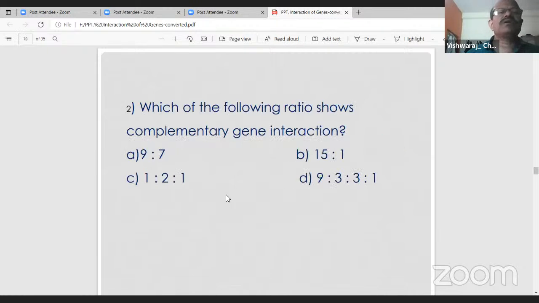And second question: which of the following ratios shows complementary gene interaction?